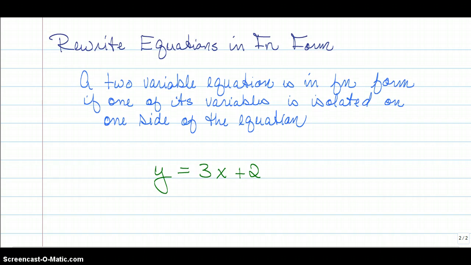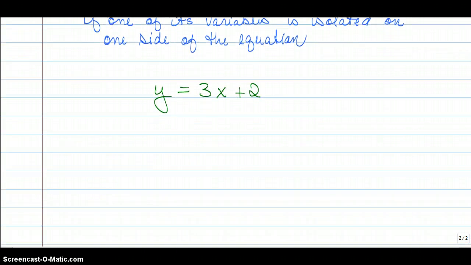Now some things that you need to remember is that the isolated variable is the output. It's also known as the dependent variable, and it is a function of the input.